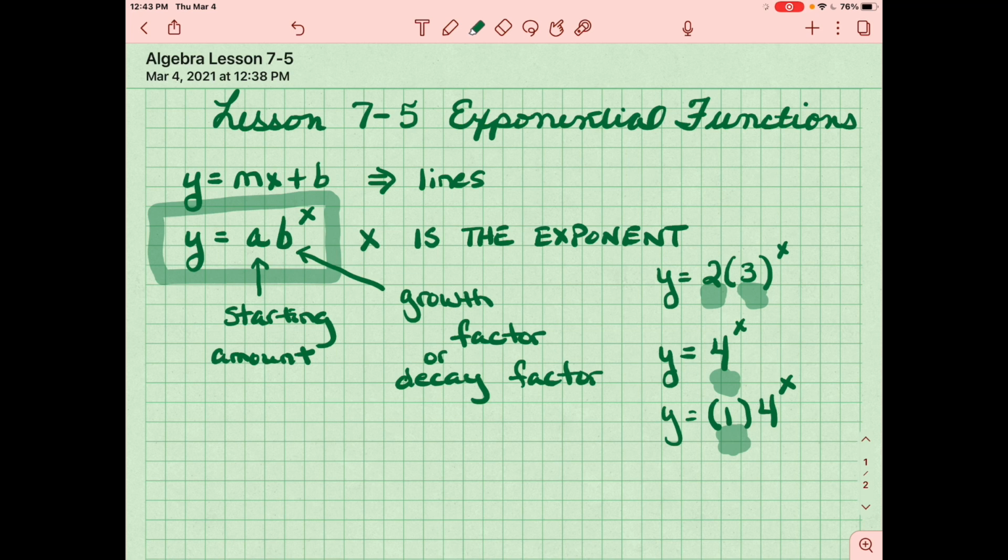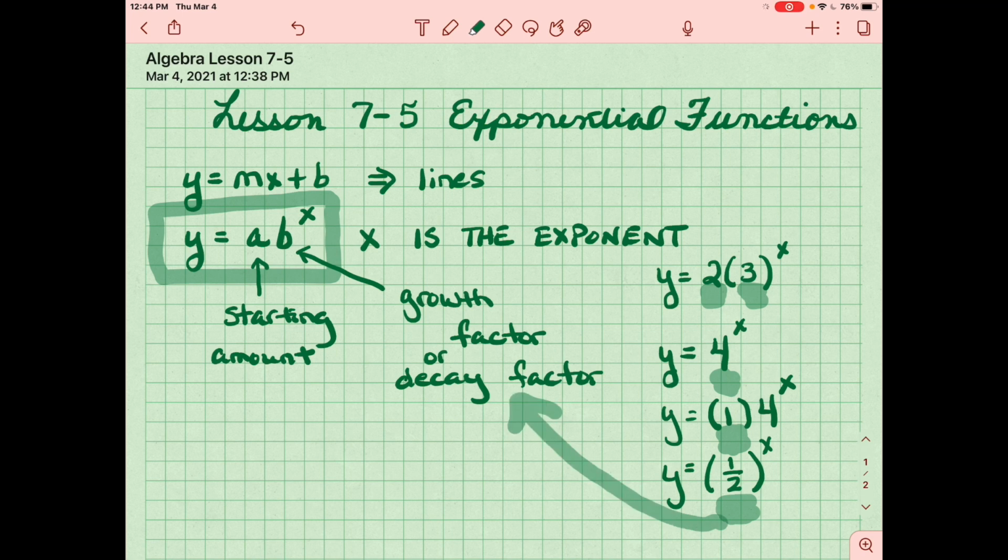4, right? Here's an interesting one. If I see y equals 1/2 to the x, then this is my growth factor. It's not really a growth factor. Anytime I have a fraction, it's going to be a decay factor.